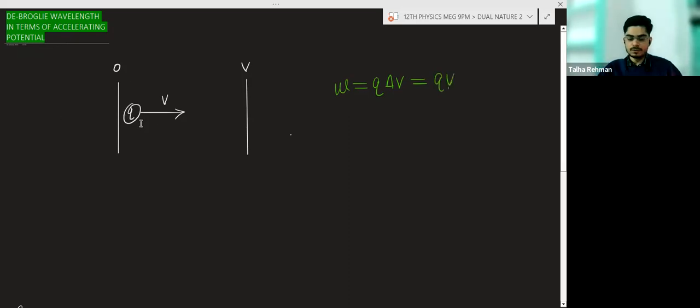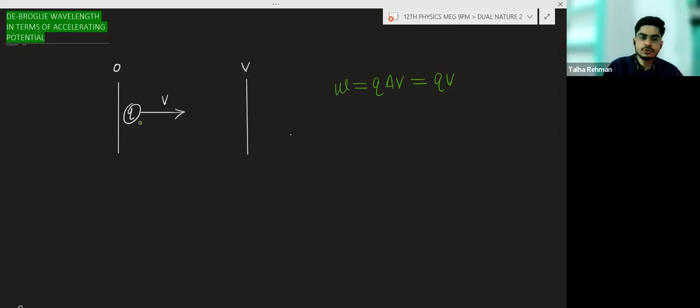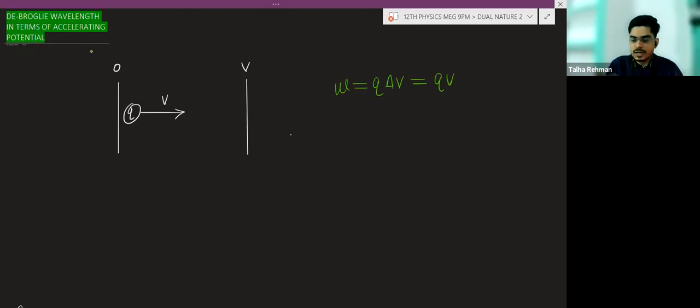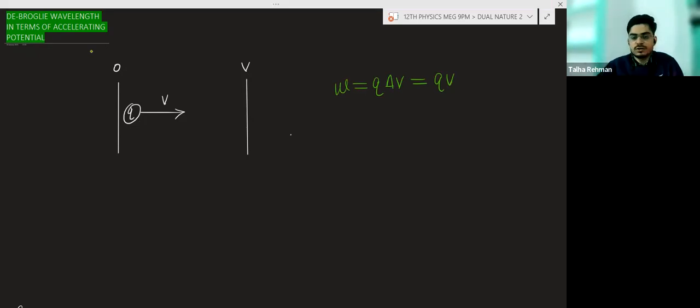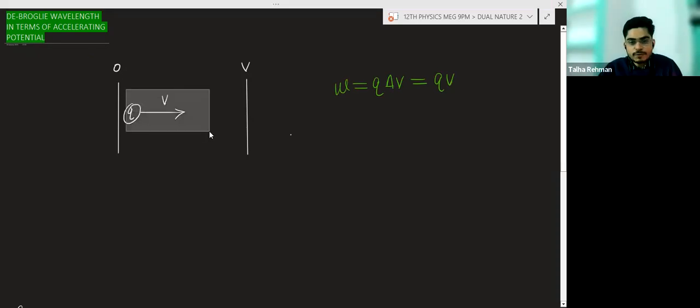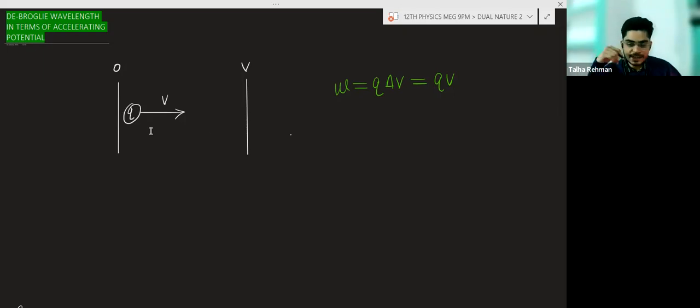Now the work is done at the expense of kinetic energy. I told you this charged particle is in motion. So in motion, what type of energy will the charged particle have? Kinetic energy. But for the motion of the charged particle from lower potential to higher potential, the charged particle has to do some work, and that work will be at the expense of the kinetic energy of the charged particle.